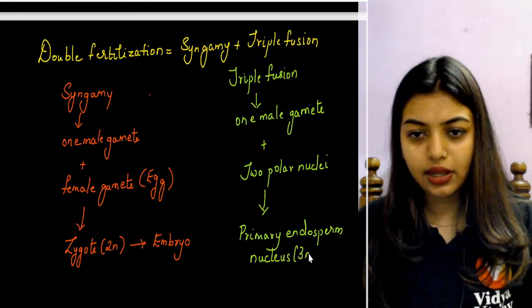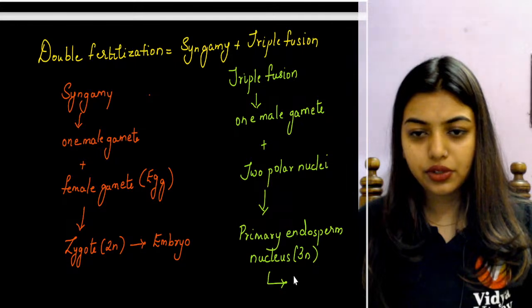That is going to be 3n. The fate of this is going to be endosperm.